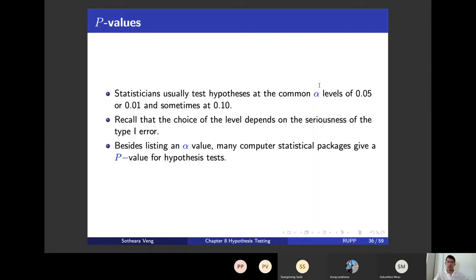Because the significance level alpha is nothing but the probability of the type 1 error. So it depends on you how serious you are with the type 1 errors. If you choose alpha to be very small, 0.01, it means that you want the type 1 error to occur at only 1% of the chance, right?